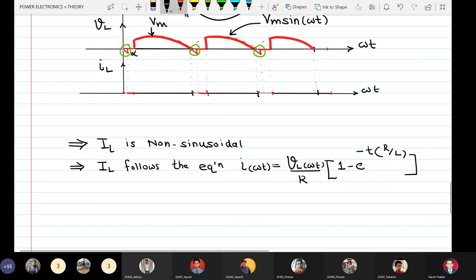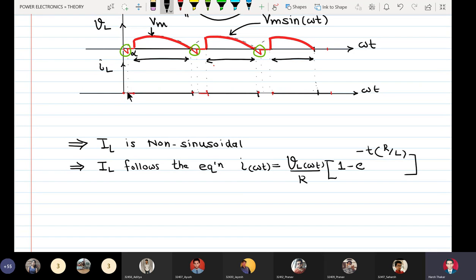So how to draw this? Now you know for sure that during this interval the load is connected to the source. So during these intervals the current will show a rise and then it will show a fall.